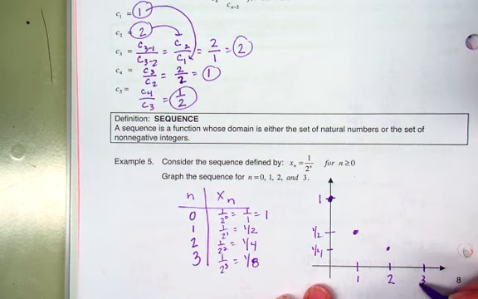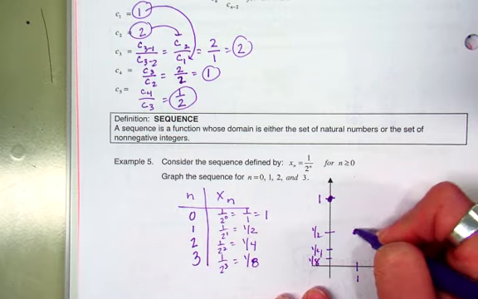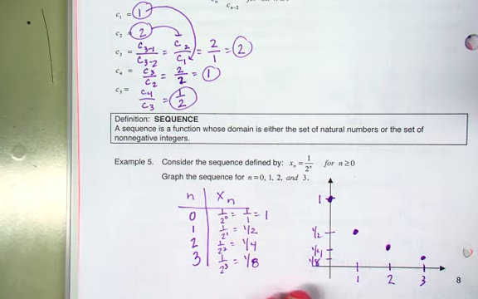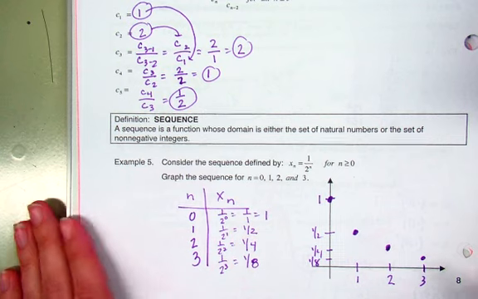And 3, 1/8. And again, it's just those 4 points themselves. Do not connect them. This isn't a function. It's just a sequence.